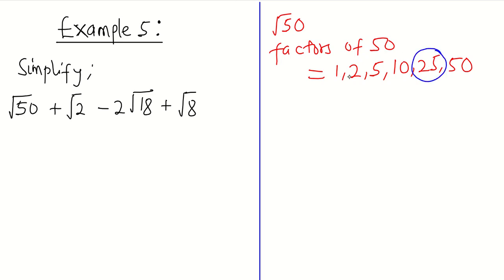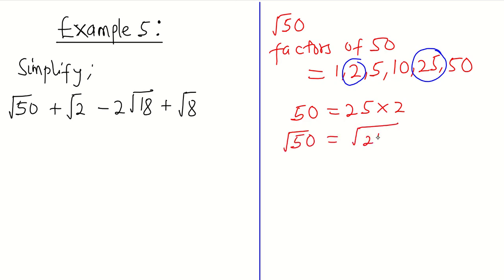Now which number, when we multiply by 25, we are going to get 50, and that number is 2. So when 2 multiplies 25, we are going to get 50. So it implies that 50 is equal to 25 times 2. Now, if you want to find square root of 50, then we are going to have square root of 25 times square root of 2. Let's put it there. Now, square root of 2 is in its reduced form, so we leave it.